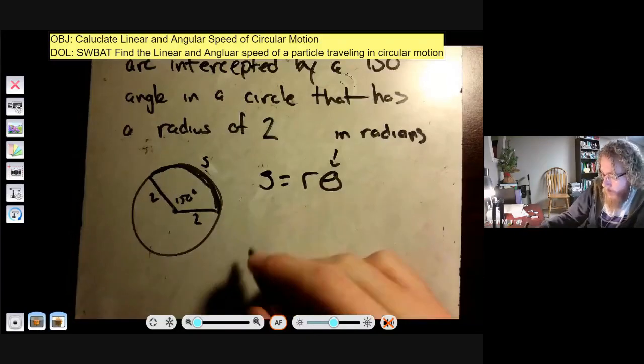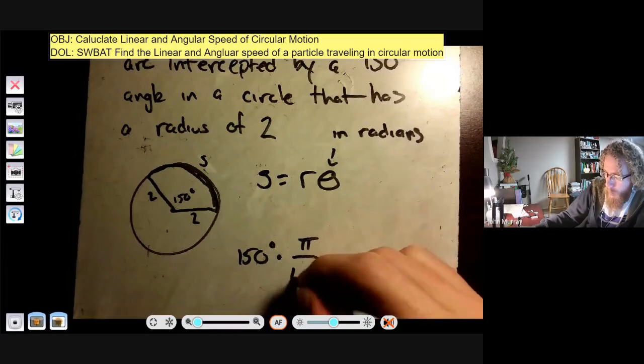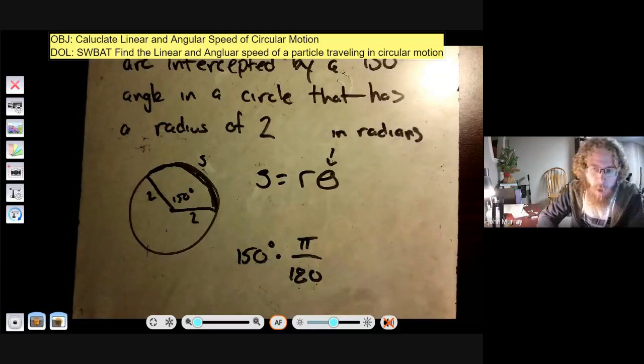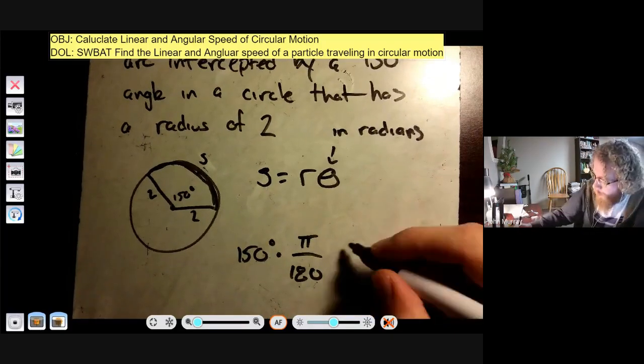So to get the angle in radians, we have 150 degrees. We want to multiply that by pi over 180, right? That's our conversion unit.